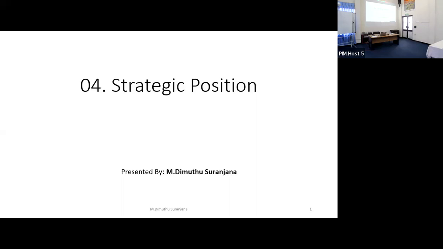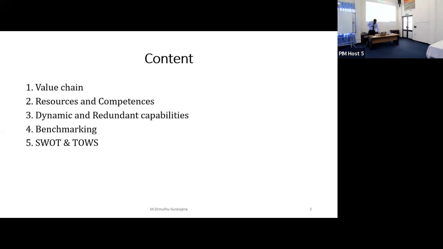Normally, the objective of analyzing our internal environment is to identify strengths and weaknesses. Remember that one, right? We'll look at this a little bit in detail.